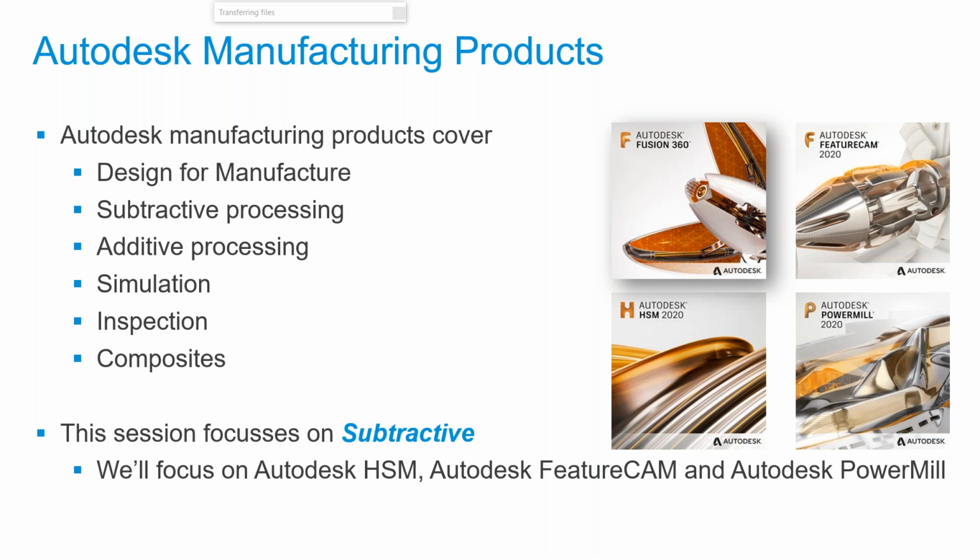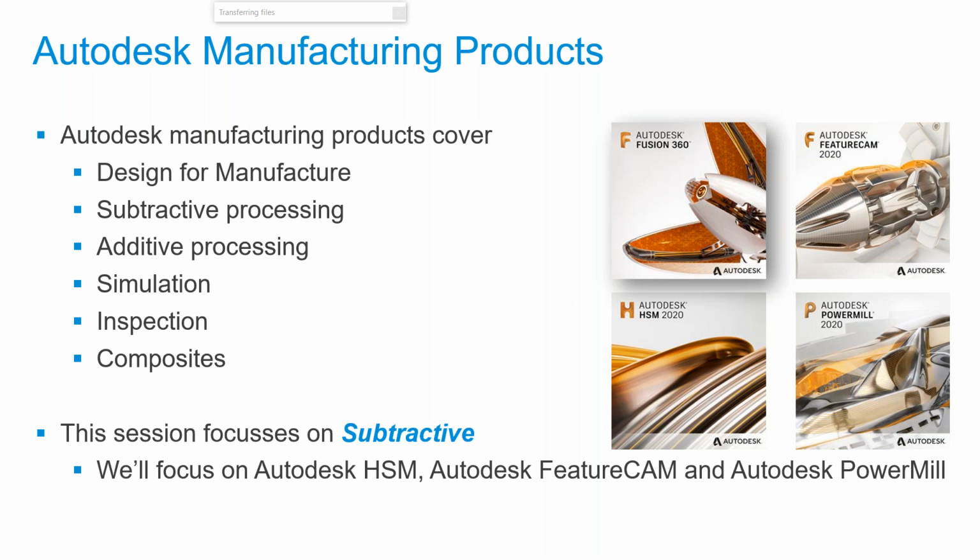We have a complete portfolio of subtractive manufacturing. What we are going to cover today is primarily those set of products. We are also there in terms of additive manufacturing and simulation, inspection, and composites. But today's focus is on subtractive manufacturing, where we'll focus on Autodesk HSM, FeatureCAM, and PowerMill.